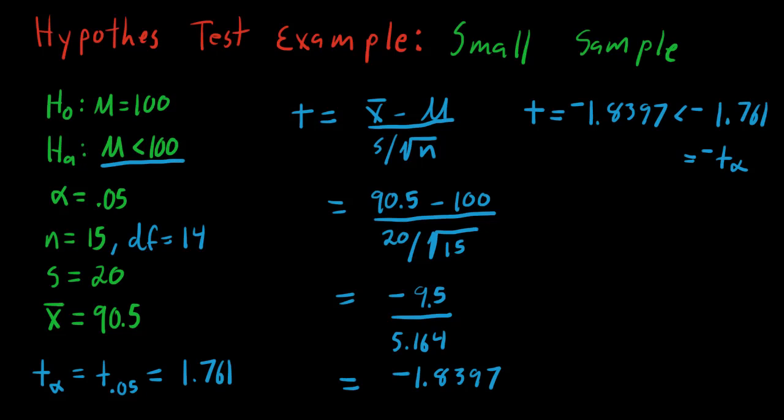So that means our t value for our comparison is that negative t sub alpha. Since t sub alpha is equal to 1.761, we use our negative 1.761. So since t is less than that value, we're doing a less than test. We reject our null hypothesis and accept our alternative hypothesis, so HA.